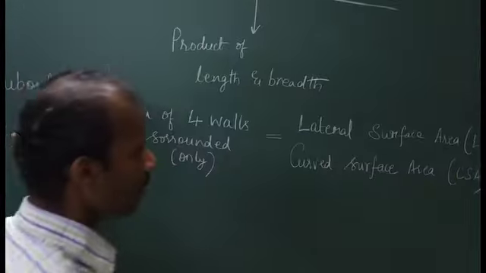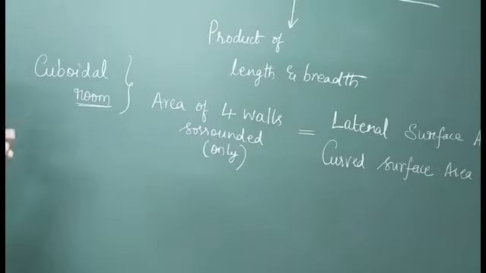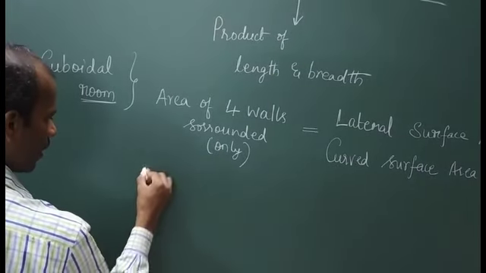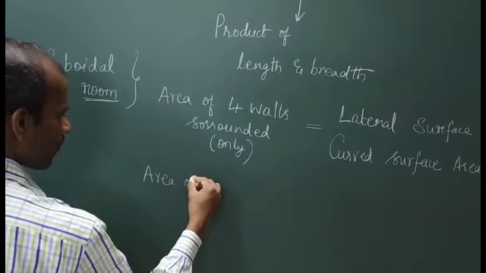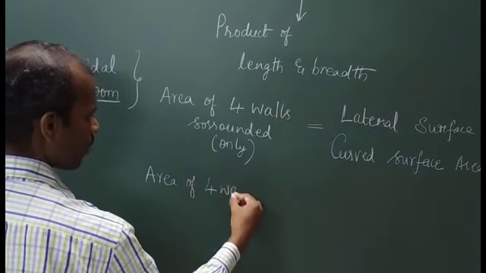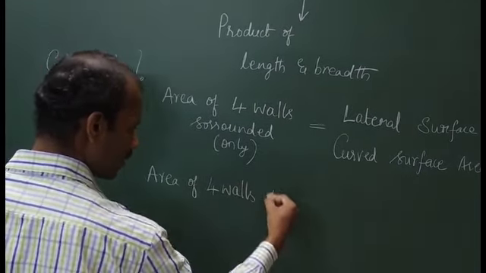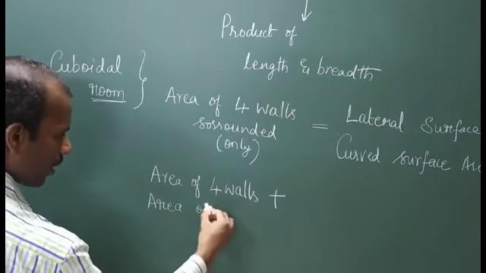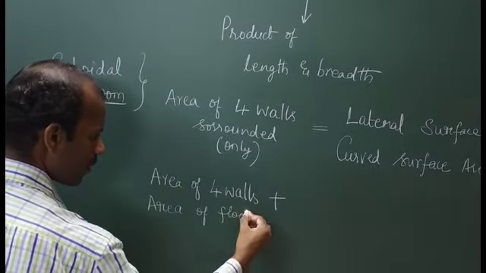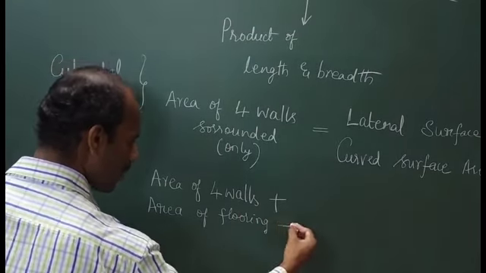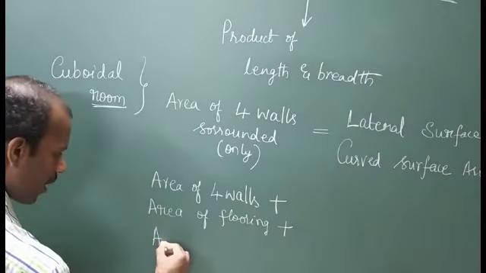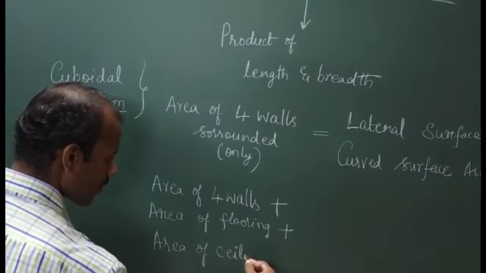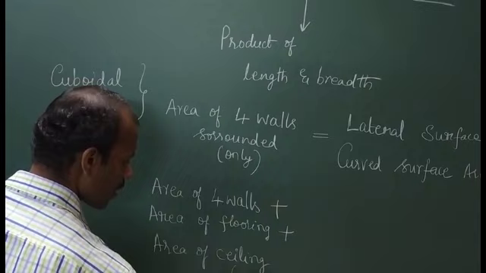So for this example, just an example, a cuboidal room, if we take the area of four walls, plus the area of flooring, plus the area of the ceiling, that is the roof.